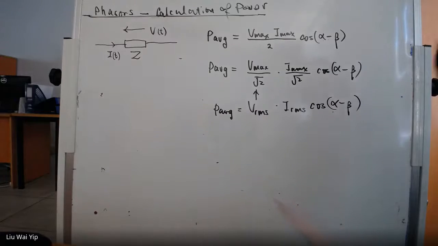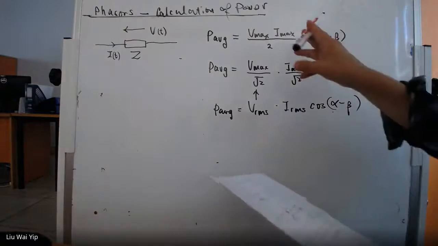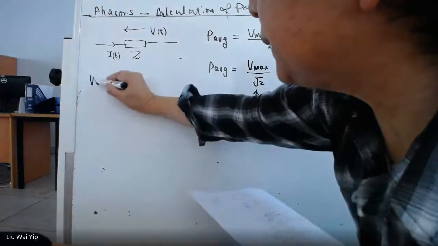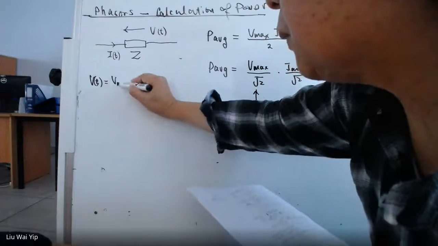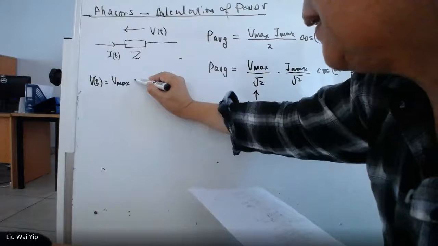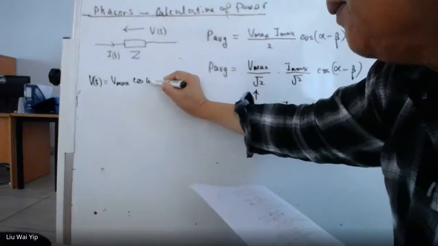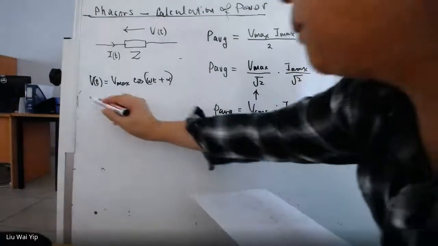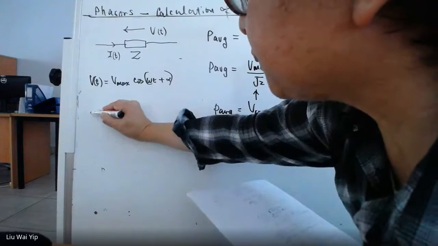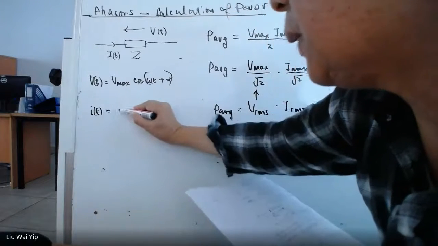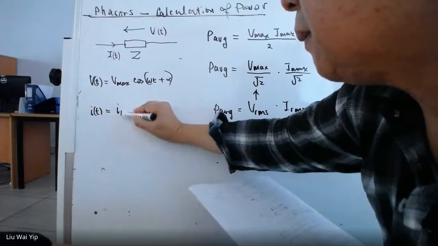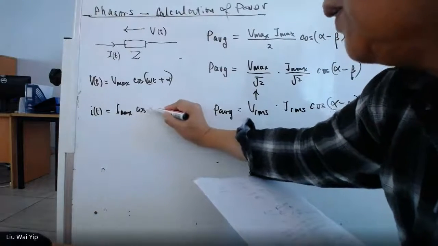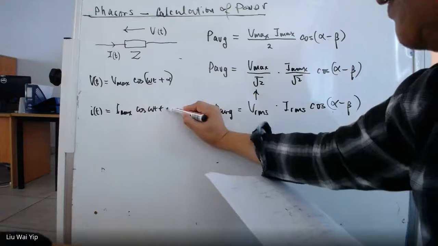Now, we have already known that v(t) is V max cos(omega t plus alpha), and i(t) is I max cos(omega t plus beta).